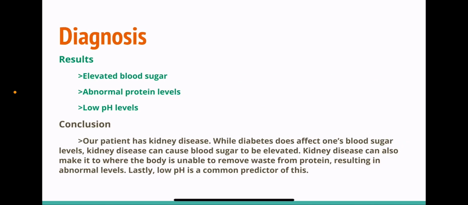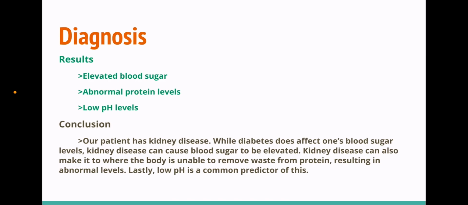So, from everything we've done, what do we know? We know her blood sugar is high. But we also know that her enzymes were normal, which means it is not diabetes. We know that her blood pressure is also high. She has abnormal protein levels and low pH levels. So elevated blood sugar is a symptom of kidney disease.